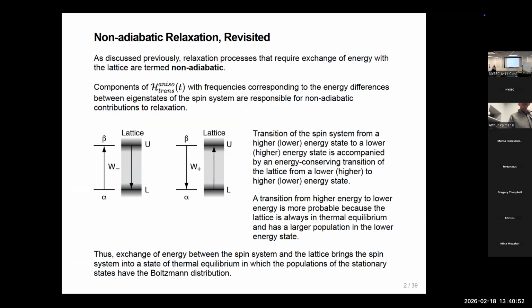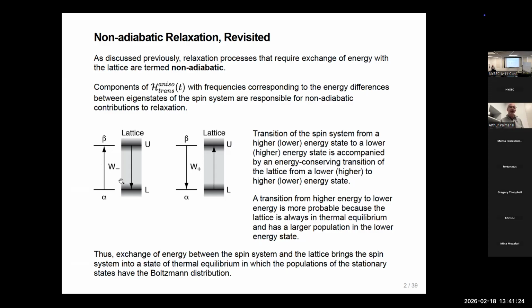So, restoring Boltzmann equilibrium requires, for example, flipping a spin from alpha to beta, in which case we need some energy, or flipping from beta to alpha, in which case we need somebody to accept energy. And somehow this has to happen in such a way that we get to Boltzmann equilibrium.